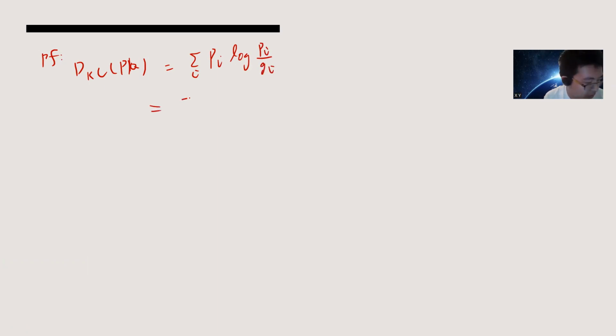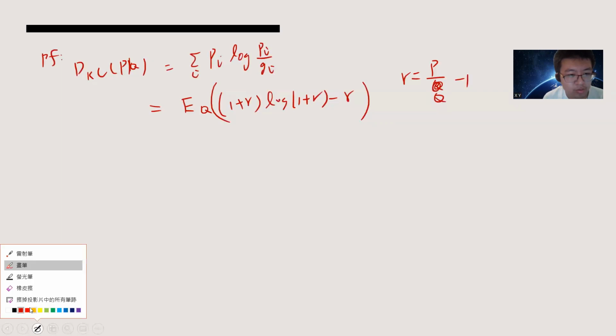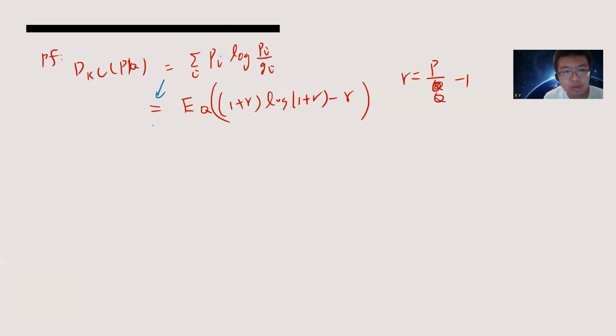Actually one can write this as the expectation value under q of (1 plus r) log (1 plus r) minus r, where r is p divided by q minus 1. Sometimes I use capital Q, sometimes lowercase q, but it's the same. So why is this true? Let me just tell you.